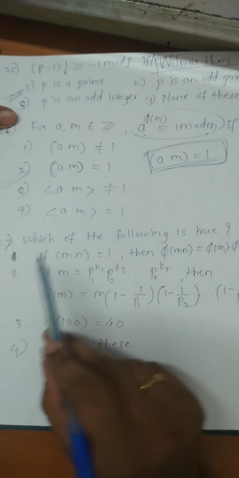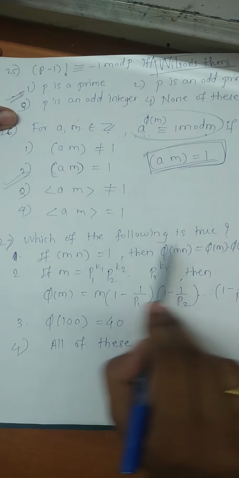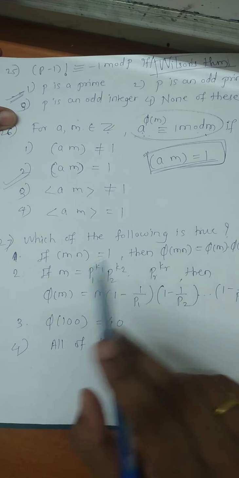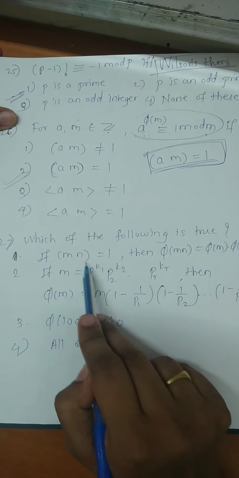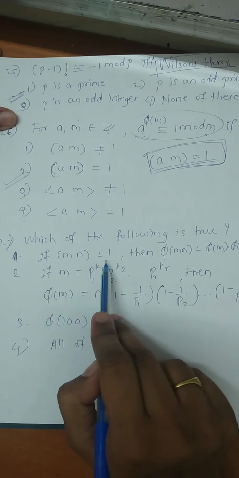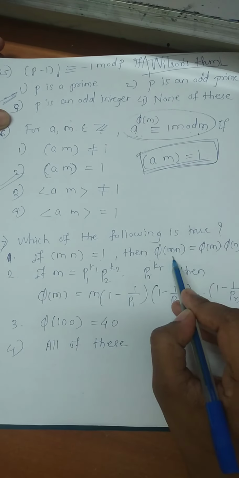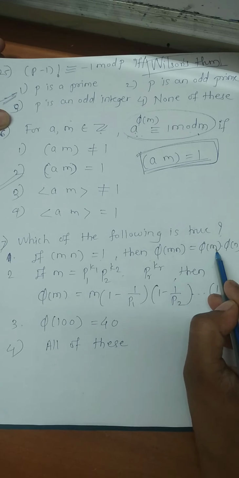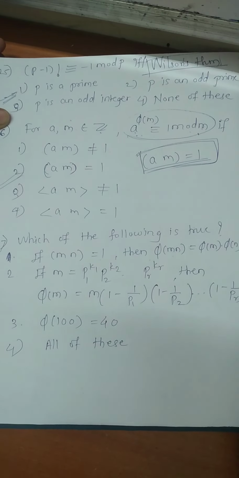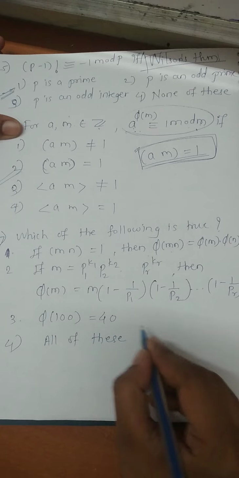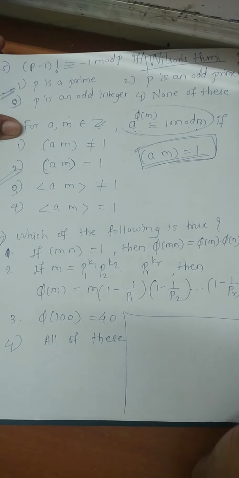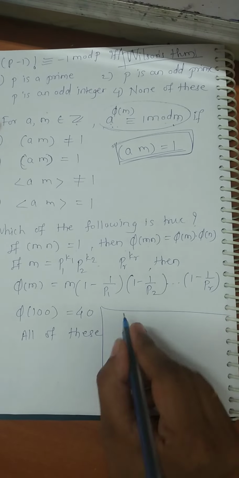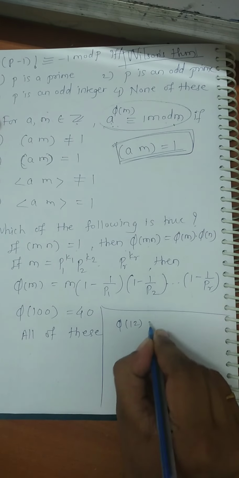Then again the next MCQ on Euler phi function. Which of the following is true? If GCD of m and n is 1, meaning m and n are relatively prime, then phi of mn is equal to phi of m into phi of n. Like this, see, phi of 12 is what?